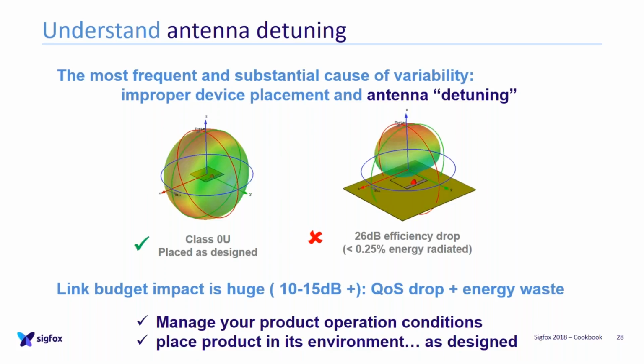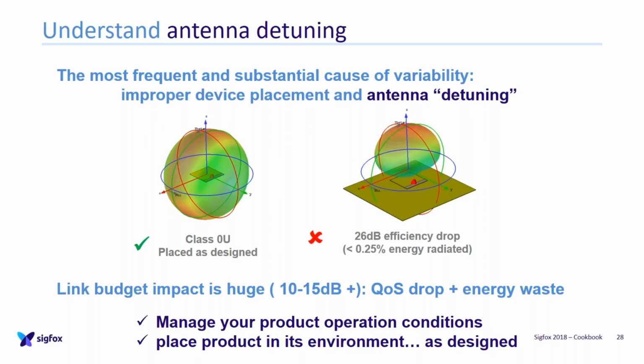So this problem is really worth understanding and taking a look at. For your product, think about its final usage condition, to design your antenna for the placement it is intended to be in: the house, an office, a factory or whatever.